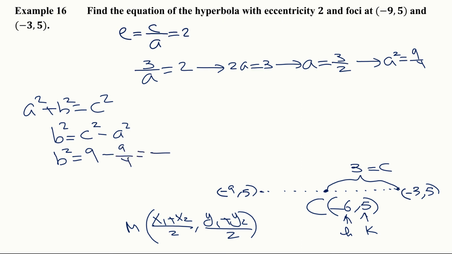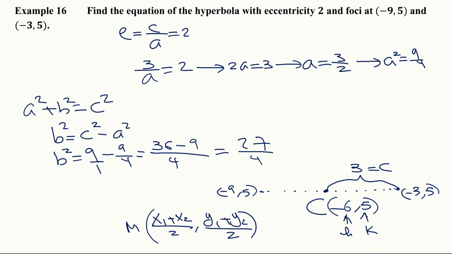Now if I simplify that, I get 9 times 4 is 36, minus 9. 9 from 36 is 27, so 27 over 4.